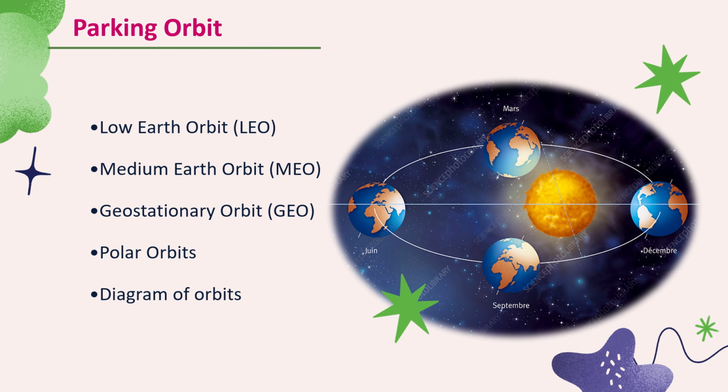For polar orbits, the satellites pass over the poles. It is useful for Earth observations. These are the main concepts of orbits.